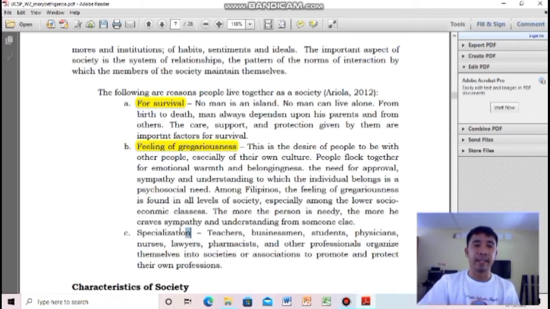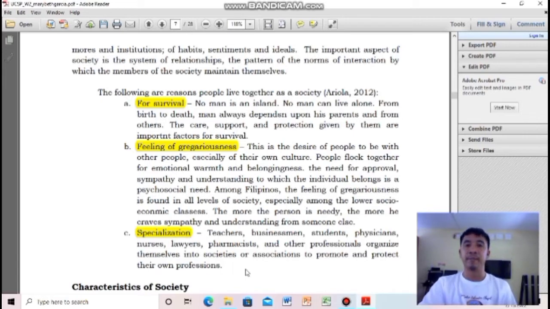Okay. The third reason is specialization. Dili masulod ang ginatawag naton nga association. Kumbaga, we associate ourselves for those group that we see nga may kapariho kita nga ideolohiya, pariho kita nga pananawan, pariho kita gusto nga may maabot. Example, the teachers, businessmen, students, physicians, nurses, lawyers organize themselves into societies or associations to promote and protect their own professions.